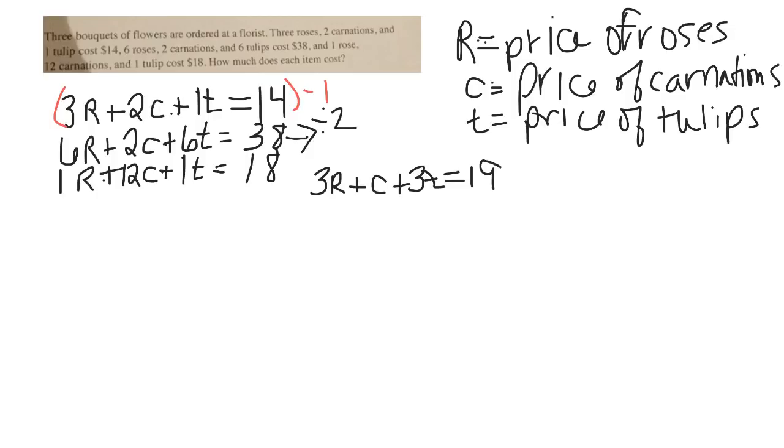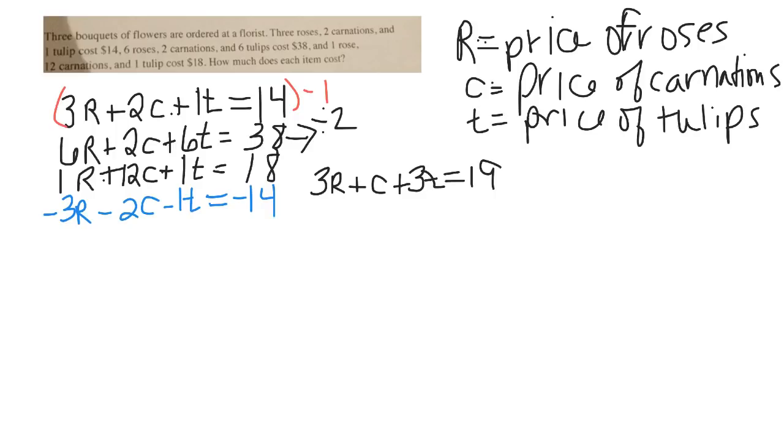So I'm going to get, I'll put it down here in blue, negative 3r minus 2c minus 1t equals negative 14. So I multiply through by the negative.